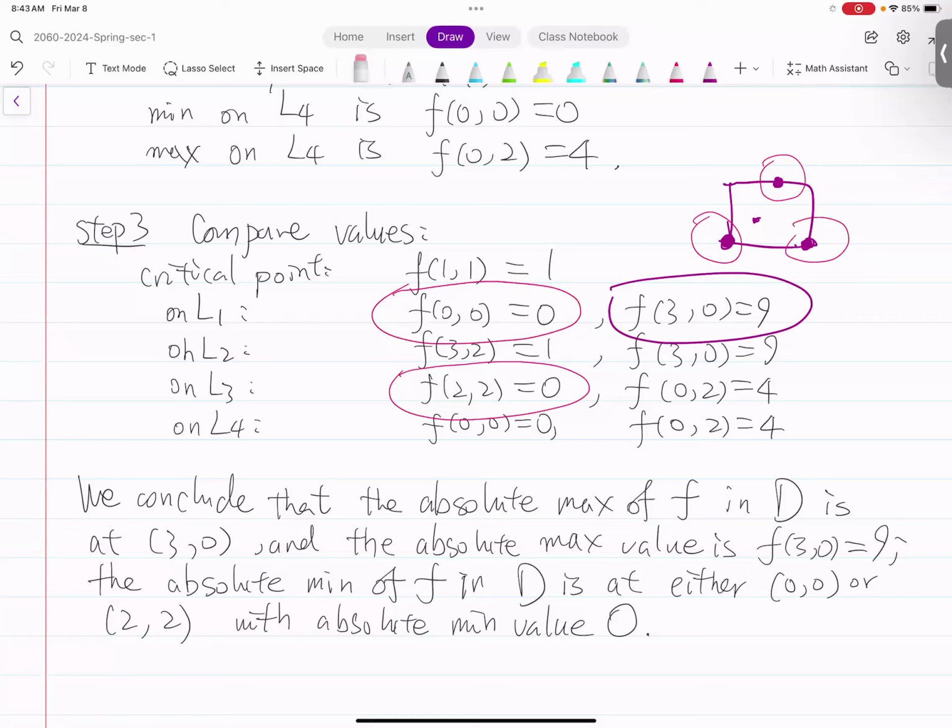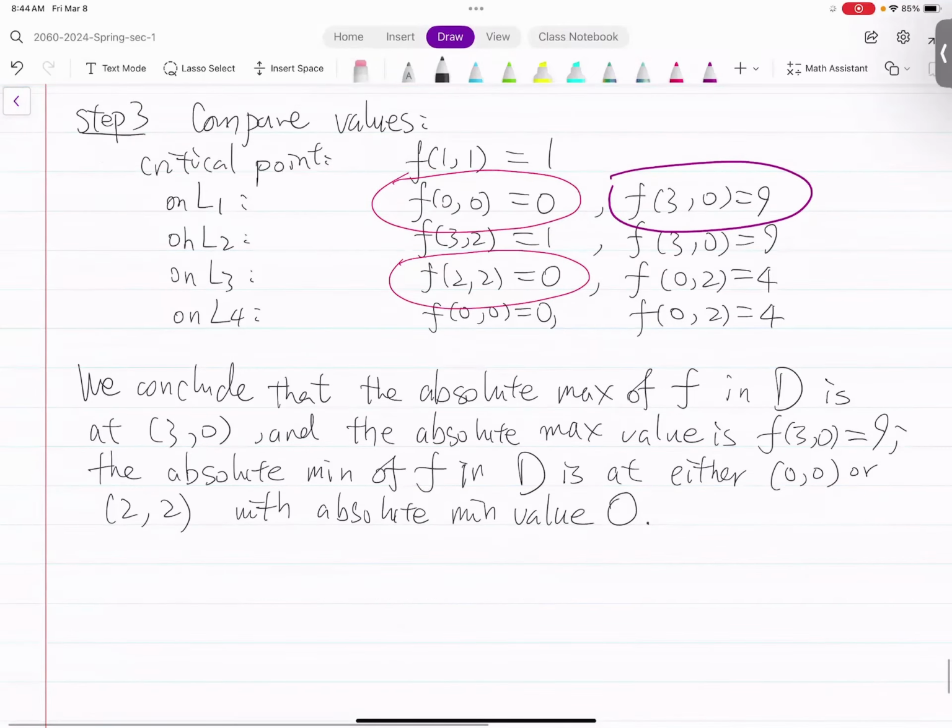So you have to be careful when you're dealing with the boundaries, otherwise you cannot really attain the absolute maximum and absolute minimum here. Okay? So that's what happens with this kind of question. Everything is kind of systematic.